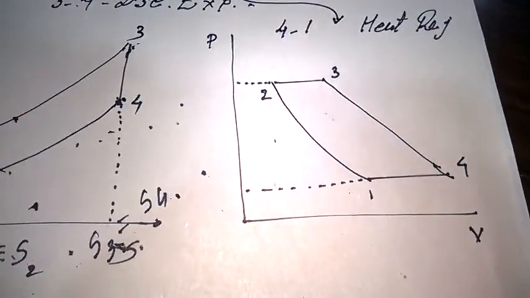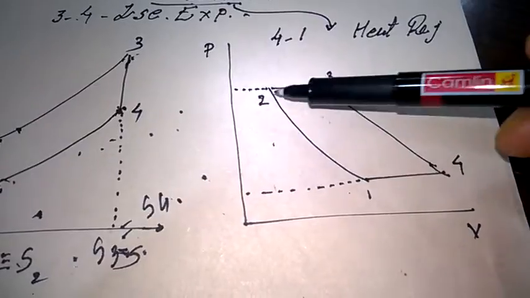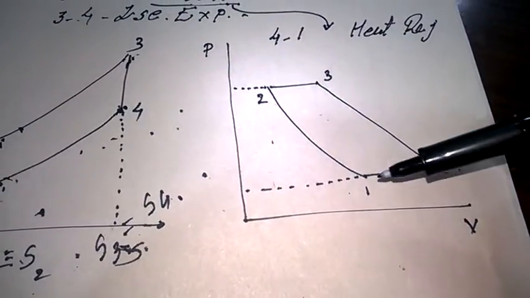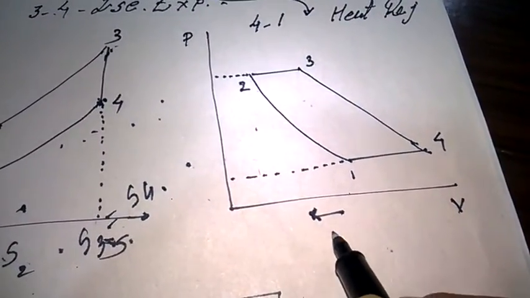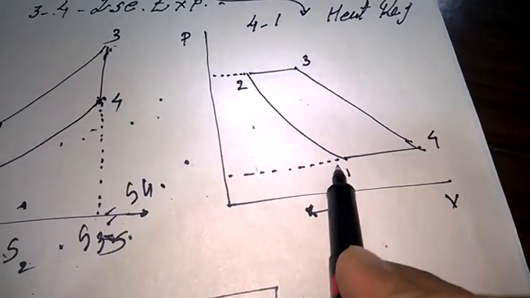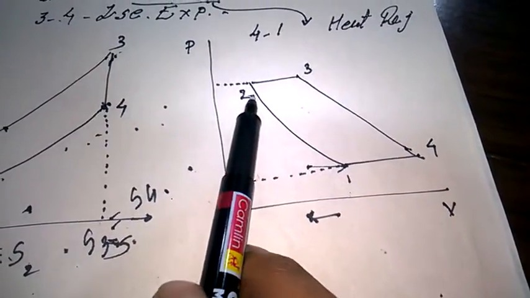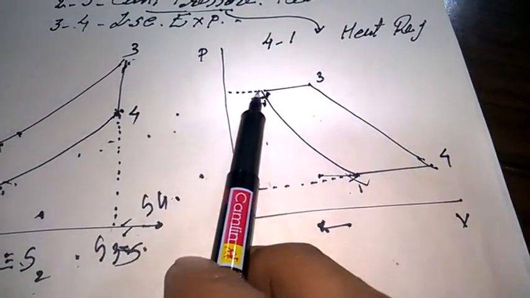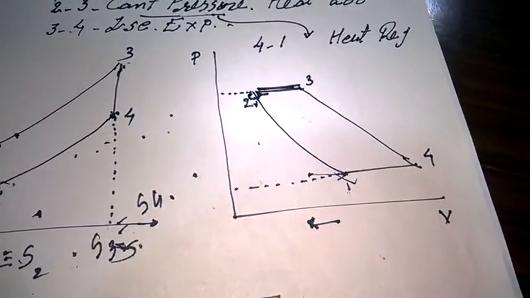Now come to the PV diagram. Process 1 to 2, we have the compressor. What compressor? Isentropic compression. During the compression process, obviously, if you are compressing something, volume is reducing, so in this direction we are going, volume is reducing, but we are compressing, so pressure gets increased. Now 2 to 3, that is heat addition at constant pressure.